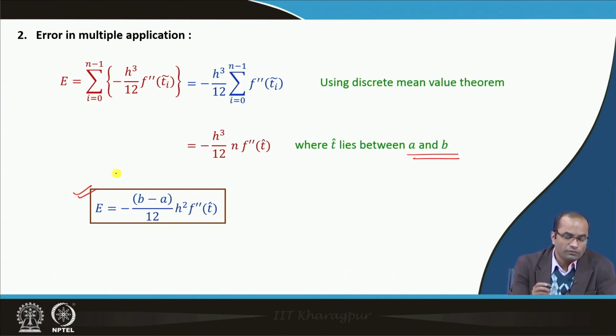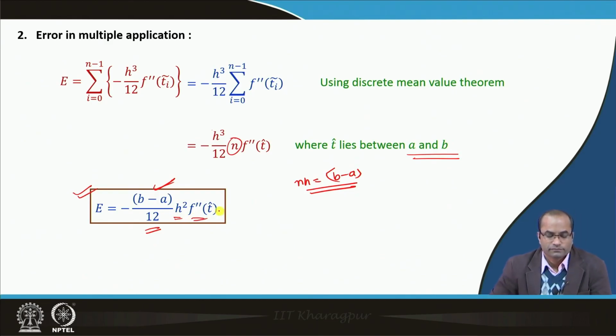So, now we got the formula, because n times h is nothing but b minus a, the whole interval. So, that we have given here: minus b minus a divided by 12 and then h square, and then we have the double derivative at some point t hat which is between a and b.